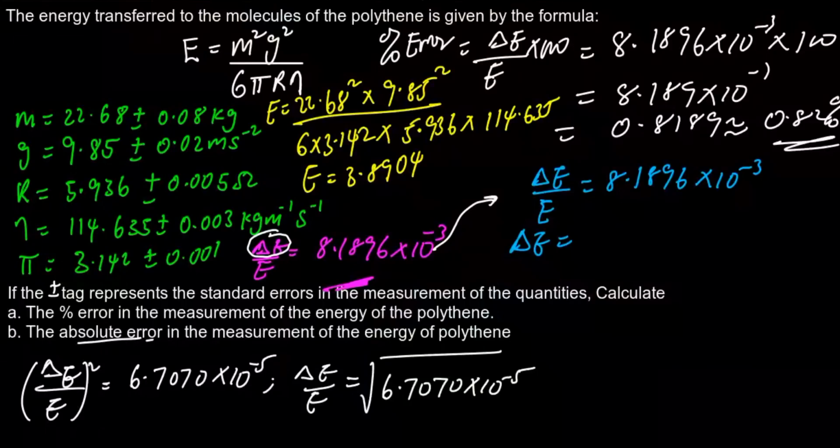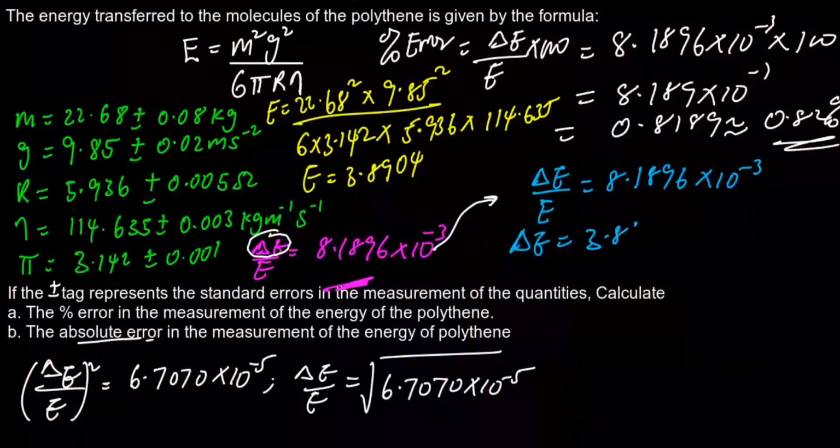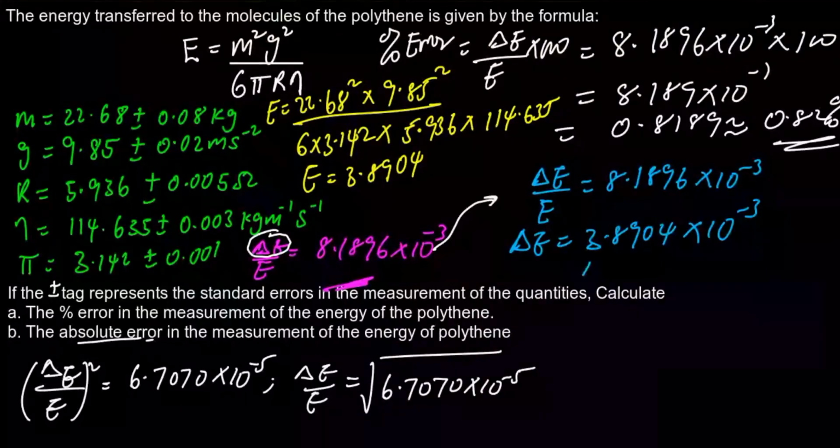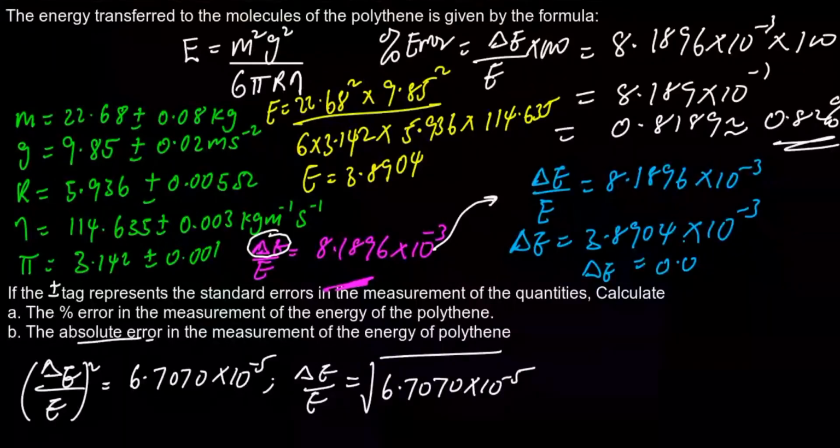So that's what I'll now use here to multiply this. 3.8904 times 10 raised to power minus 3. And what's the delta E? There's a slight mistake here.